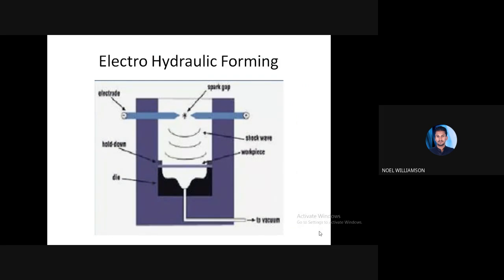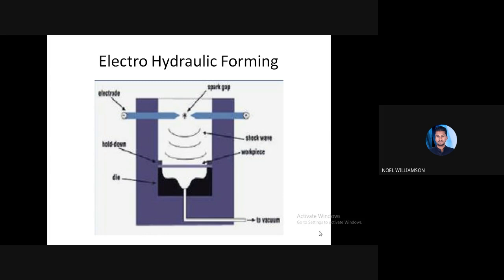So in the last class, we were seeing the electrohydraulic forming or electrospark forming. So what is the basic difference between the electrohydraulic forming and the explosive forming?